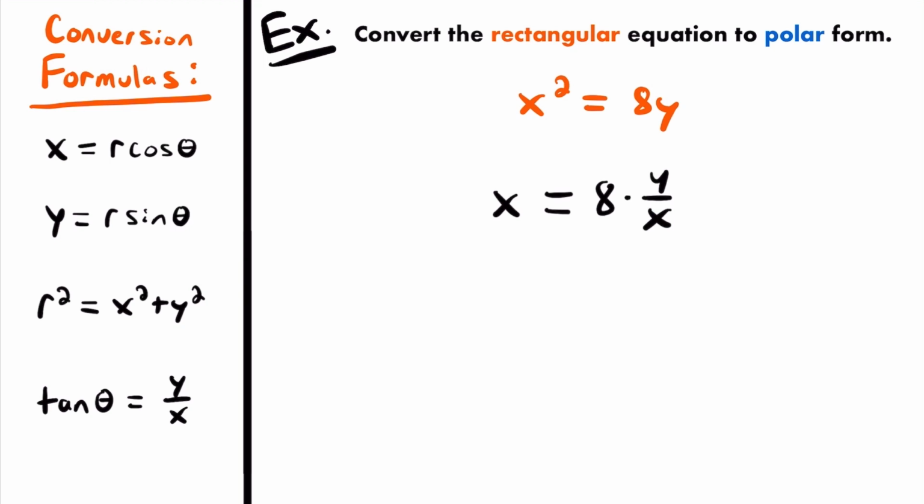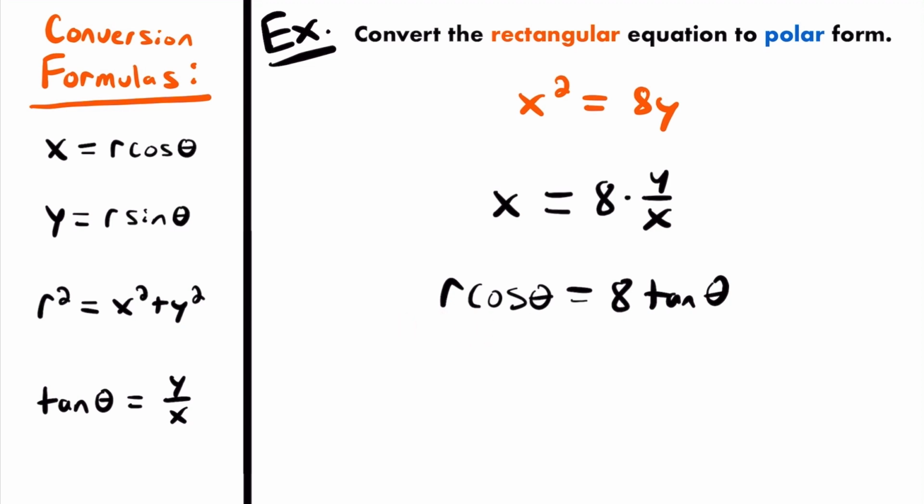Now the reason I did that is because then we don't have to square anything, and we know what y divided by x is equal to. Y divided by x is equal to tangent theta. So we can replace y divided by x with tangent theta and replace this x with r times cosine theta. So we'll have r times cosine theta is equal to 8 times tangent theta. And now all we have left to do is solve for r.